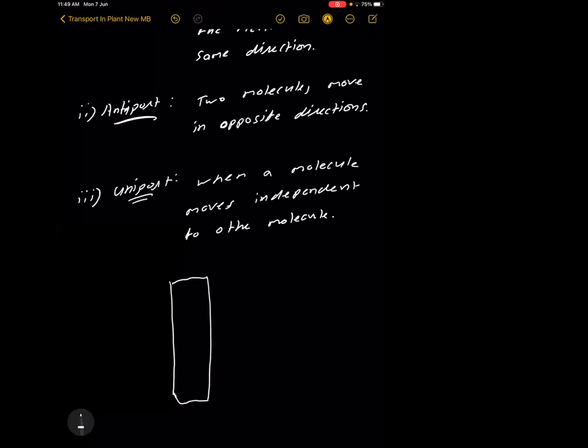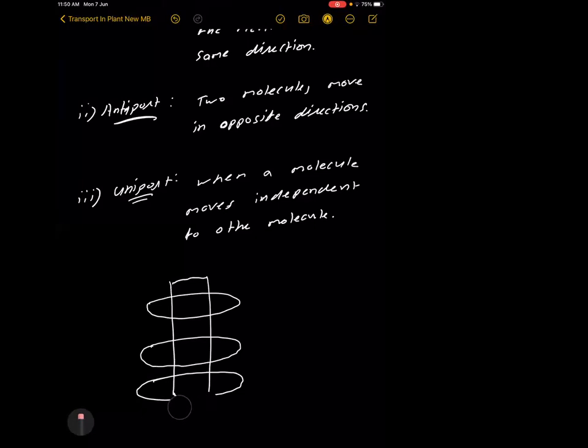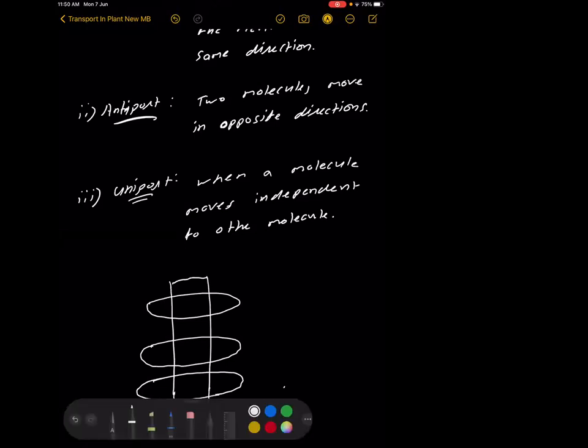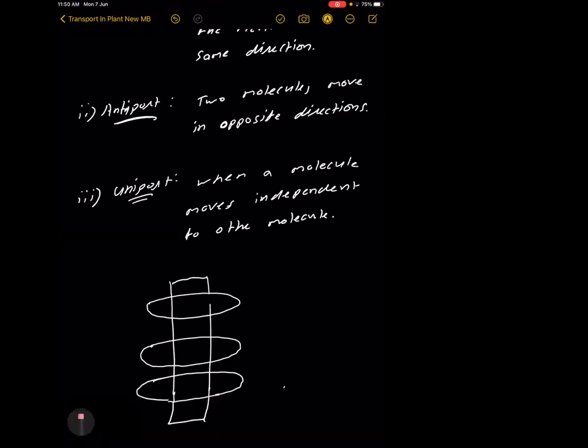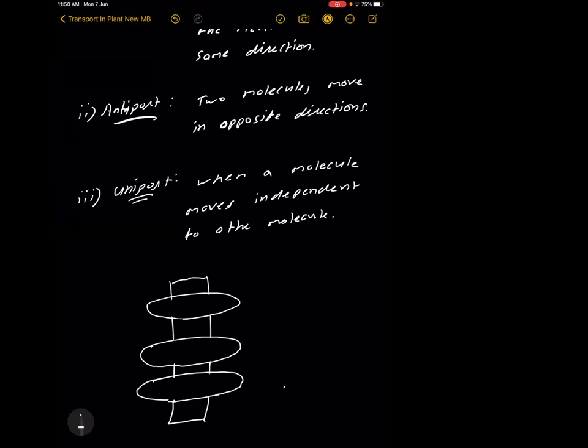So this is the plasma membrane. It shows all three: uniport, symport, antiport. Is this antiport or symport?